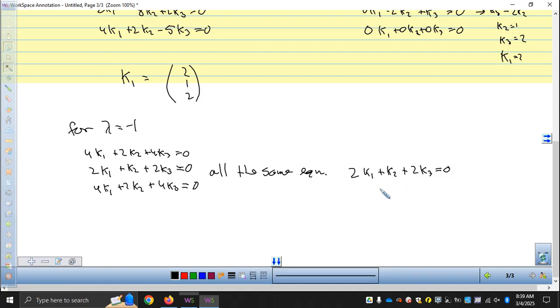So for my first one, I said k1 equals 1, k2 equals 0, and k3 equals negative 1. And for my second one, I said k1 equals 1, k2 equals negative 2, and k3 equals 0.